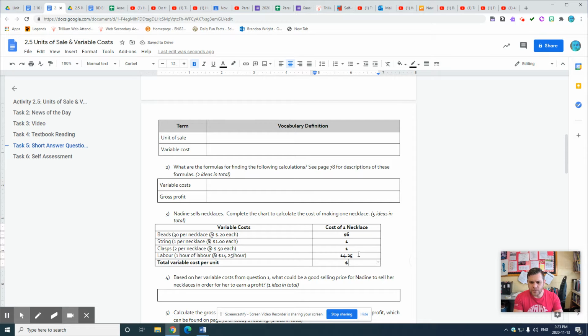Now, if we add up all these together, it will cost her $22.25. So those are her total variable costs. That includes her materials and labor. That's how much it costs Nadine to make a necklace. And what is her biggest cost by far? It's not the beads, it's not the strings or the clasp. It is by far her own work.